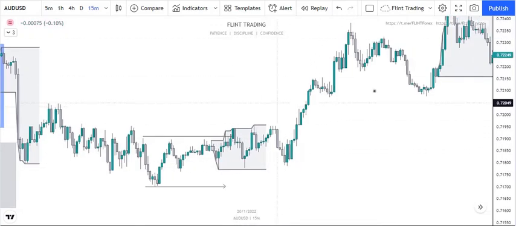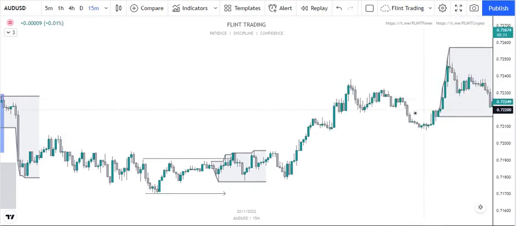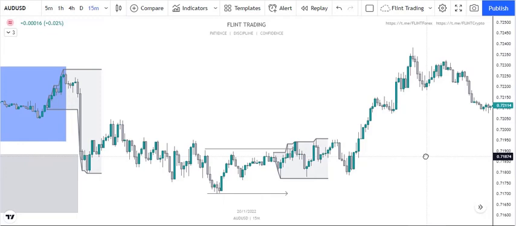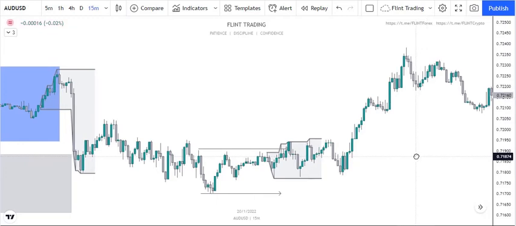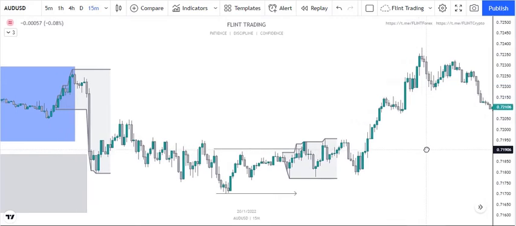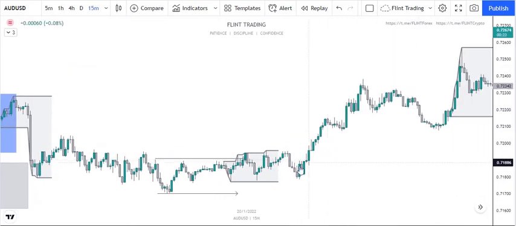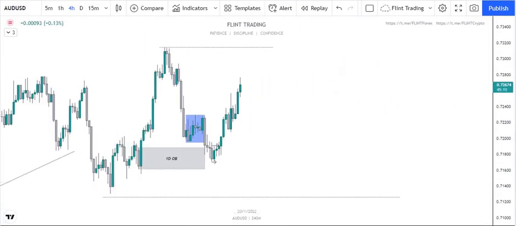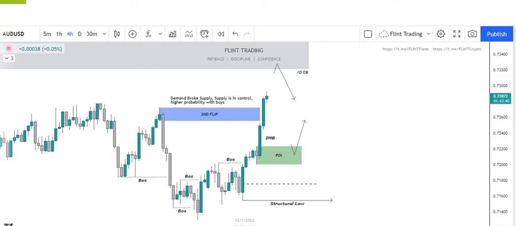But that's not what I like to do. I'm not too concerned about risk to reward, like 1 to 20, 1 to 30, etc. 1 to 6, 1 to 4 is enough for me, and I'm happy with that. So what I did was take a trade, maybe from here. Let me just check it out. So this was the AUDUSD buy trade, which was taken from 71943.